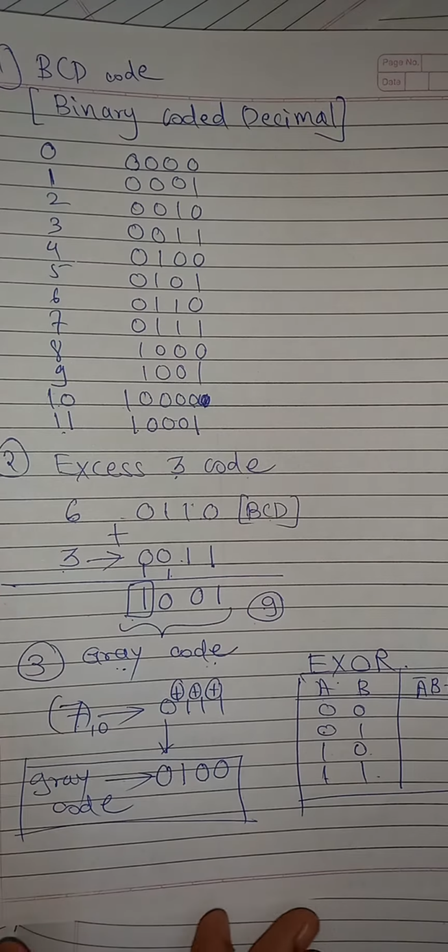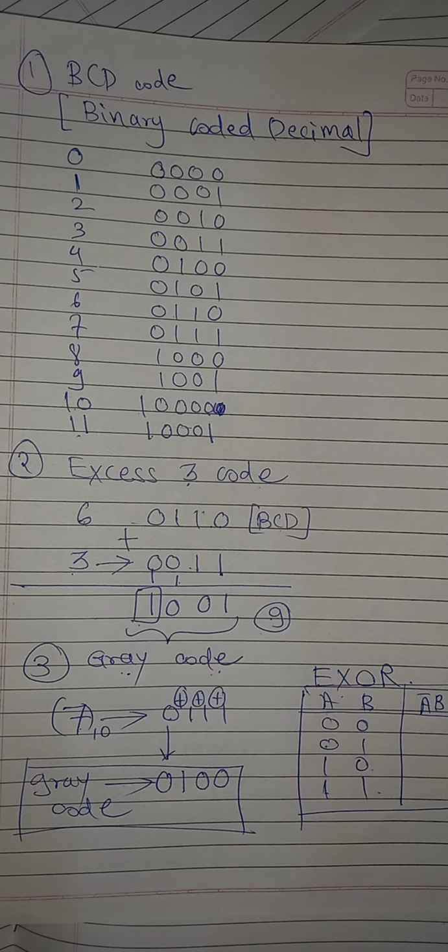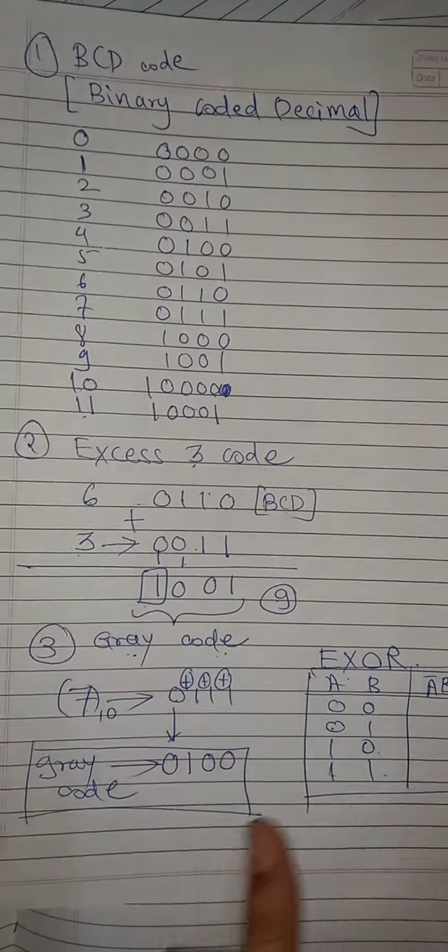So this is all about various codes. Some weighted codes are also there, such as 2421, 8421. Suppose I will introduce you to one technique such as 2421 or 8421. Suppose one number is given to us, let the number be 16.